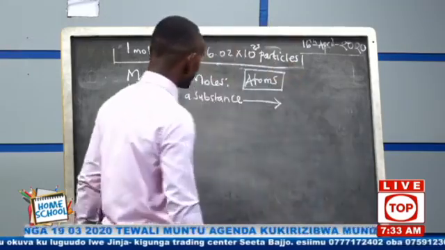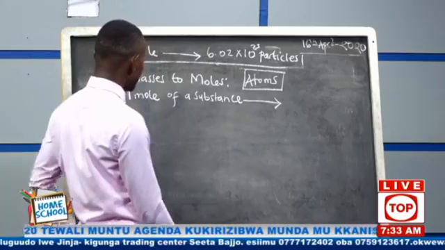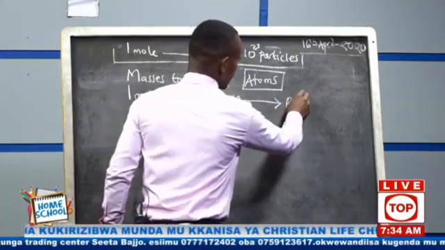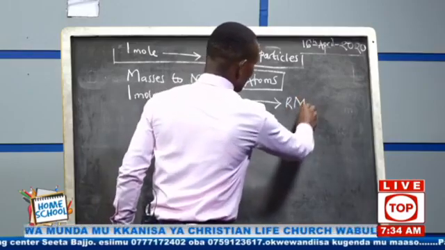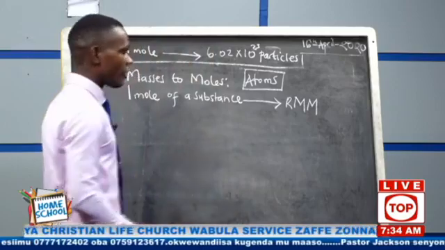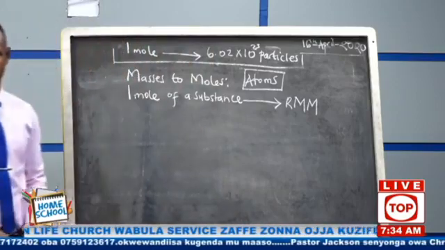When you look at atoms, you say 1 mole of a substance will equal the relative molar mass. In our slide, we have defined that one. You can look at it.